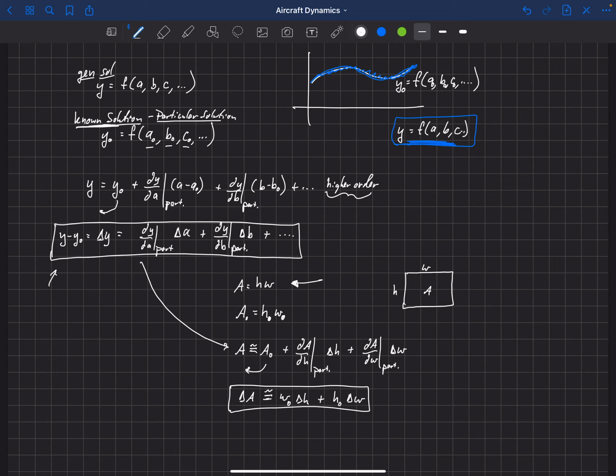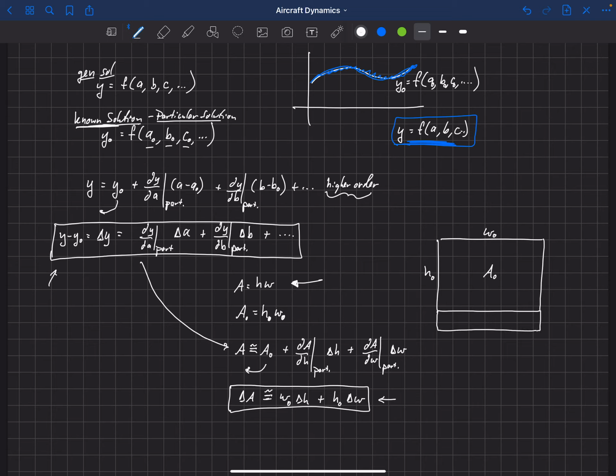Let's see what that means on our rectangle over here. Let's try to get a physical meaning for what's going on. I'm going to enlarge this a little bit, so we've got a larger rectangle here, with our height and width. Our delta area equation says that, and by the way, this is our particular solution, we know some A naught at H naught and W naught, and now we want to find in general the area of another rectangle.